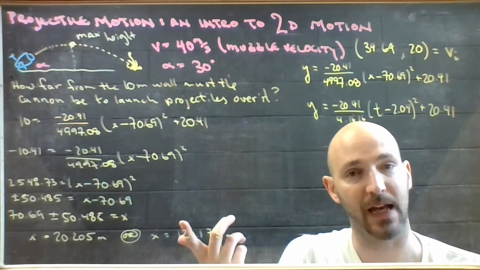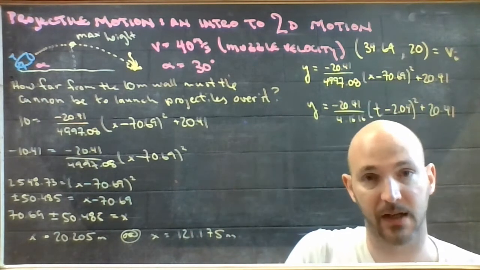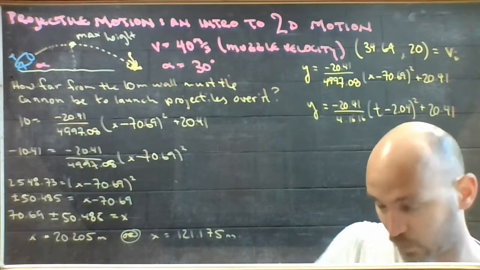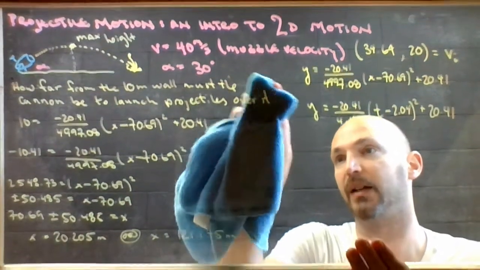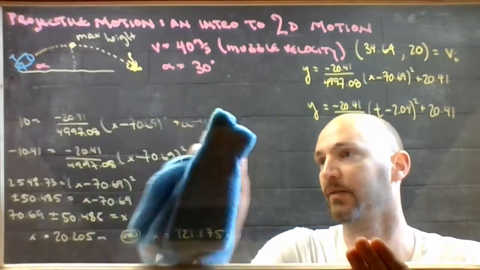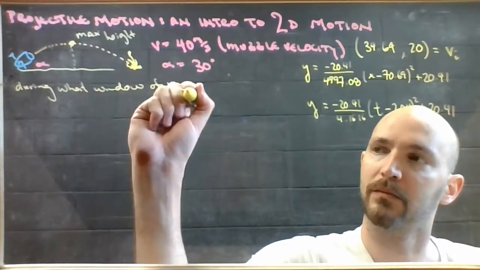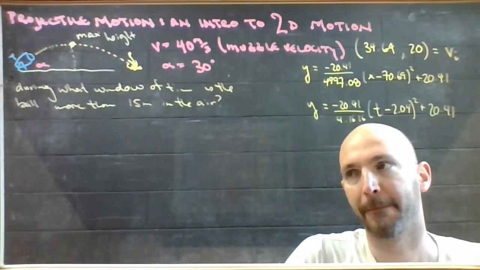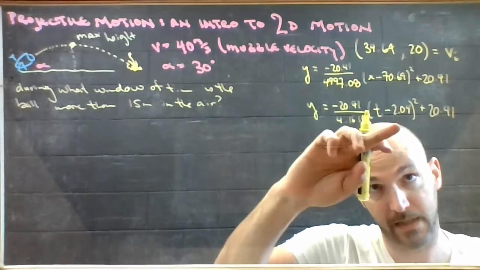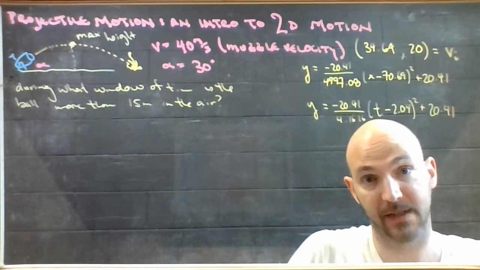So the last question we have to answer is one about time. So I'm just going to do one of these instead of two. I'll erase this first. So I have a height, and I've been asked about time. Well, that's this model here.